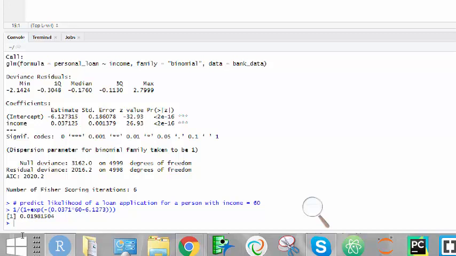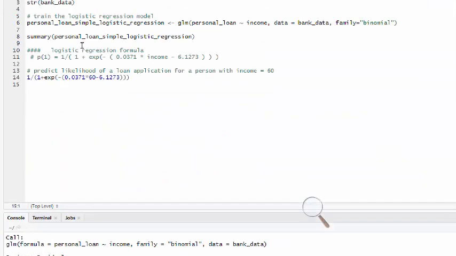We said the default cutoff proportion is 0.5. Whatever is higher than 0.5, that's how we classify it. So now the probability of getting a loan is 0.01, which is below my cutoff of 0.5. So that person I will classify as a 0.